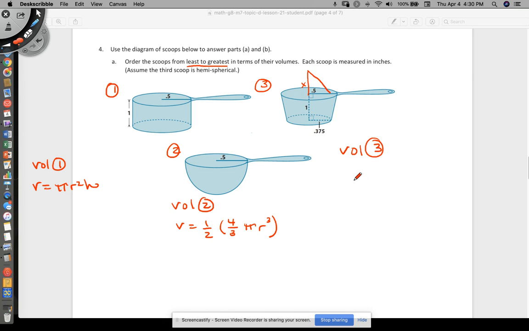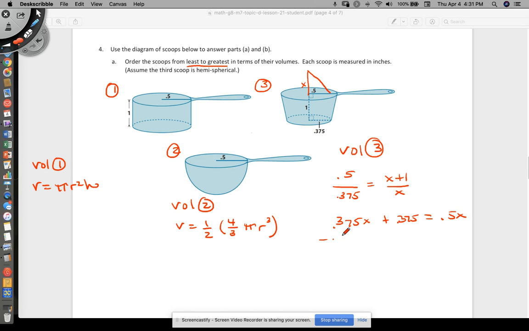So we're going to set up our proportion. So I'm going to say 0.5 over 3.75 equals x plus 1 over x. And I did it that way because we don't have anything really to solve up here. It's just this part right here. So we're going to go ahead and cross multiply those. And I get 0.375x plus 0.375 equals 0.5x.